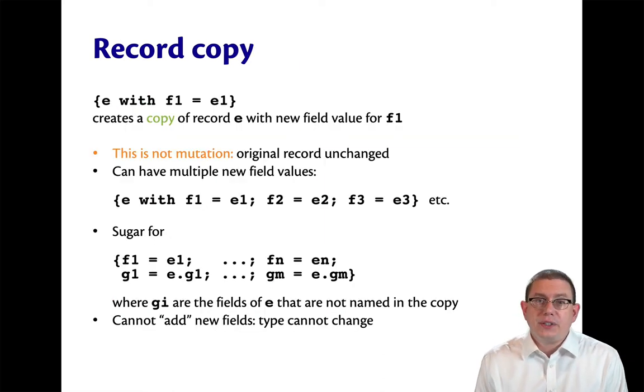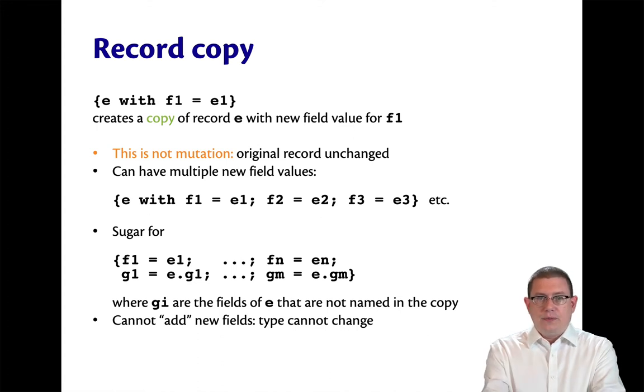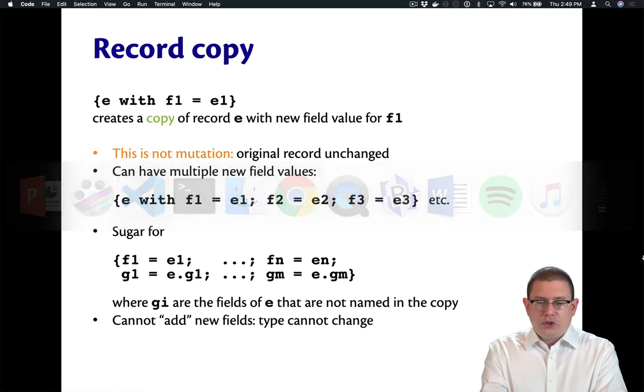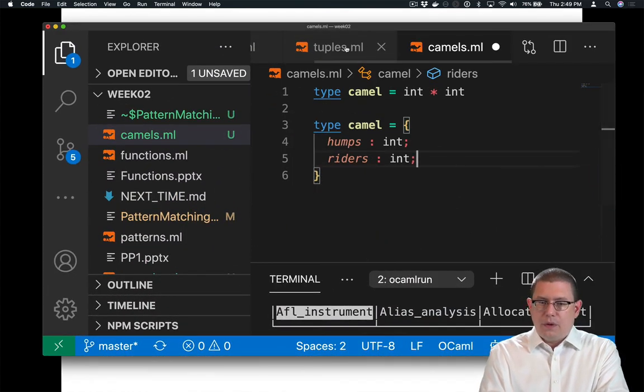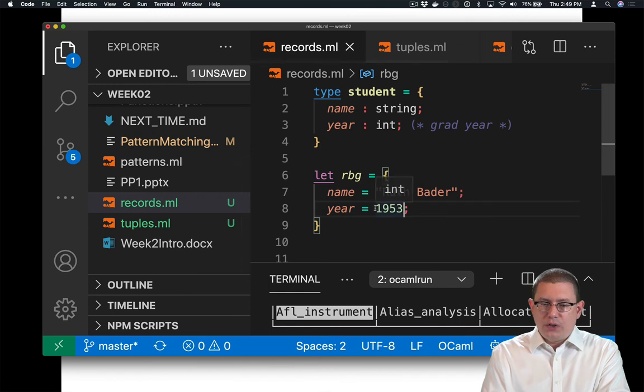One other piece of record syntax that we haven't seen so far is record copy. So if you write curly brace e with f1 = e1, that creates a copy of record e with a new field value for f1. Let's actually try an example of this quickly. Back here, we had records and we had rbg.